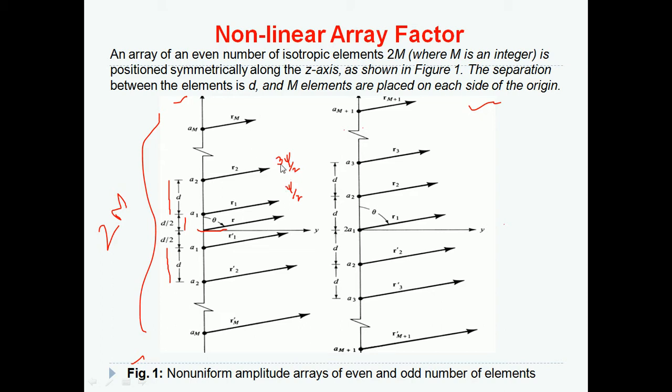Again at the other end, we have A1 on the other side of the origin at a distance d by 2. So A1 is going to have a phase difference of minus psi by 2, and likewise A2 will have a phase difference of minus 3 psi by 2.